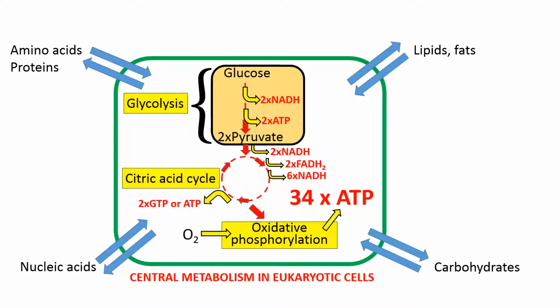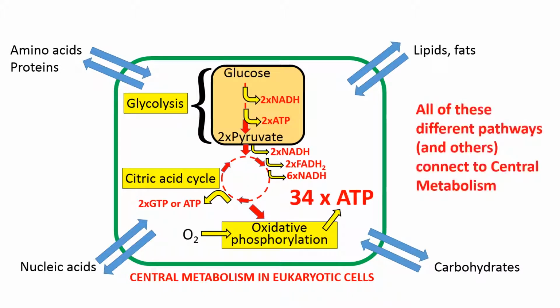This happens because some of the intermediate substrates or products of glycolysis and the citric acid cycle can be used as carbon skeletons, as I mentioned earlier, by those secondary pathways. So all of these different pathways and others not mentioned here connect to central metabolism in one way or another at some point during glycolysis or the citric acid cycle.